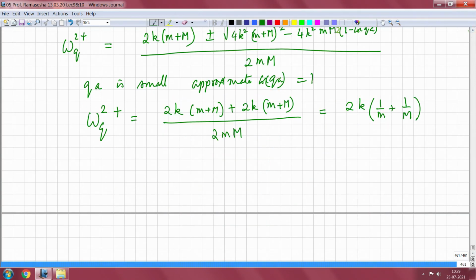If I want to get the negative one for omega q squared minus, what I have to do is approximate cos qa as equal to 1 minus 1 half q squared a squared, because that is a series expansion for cos qa, stopping at q squared.